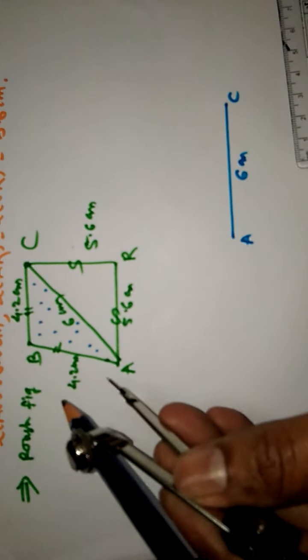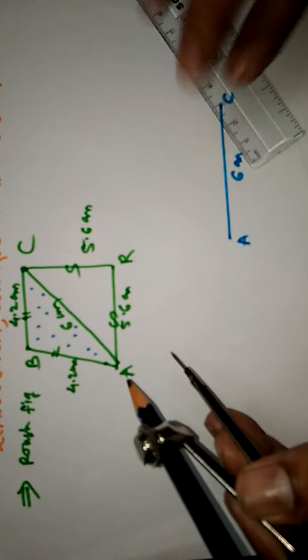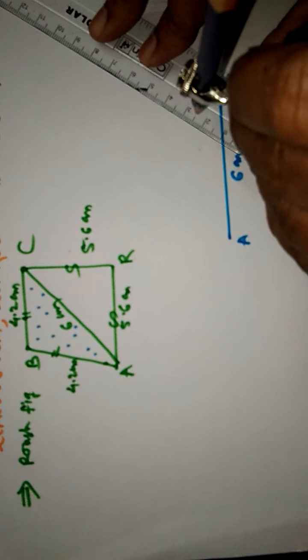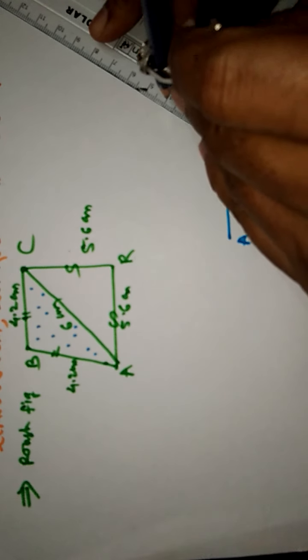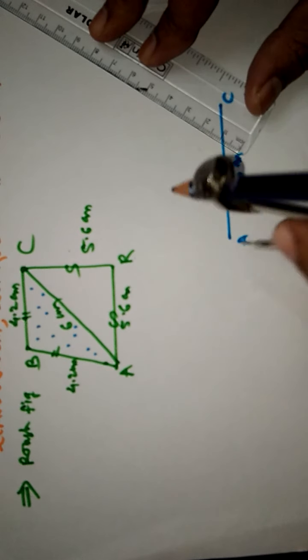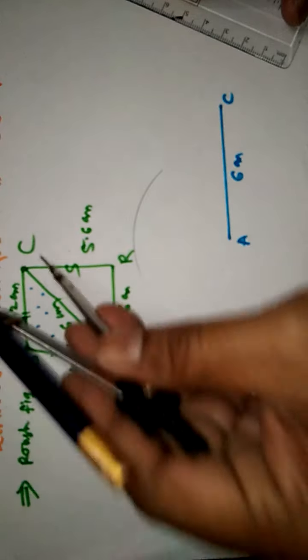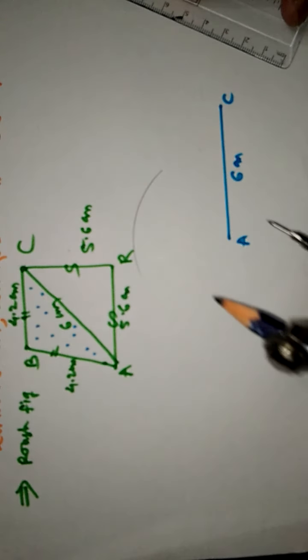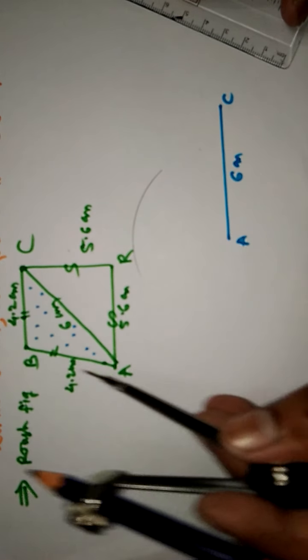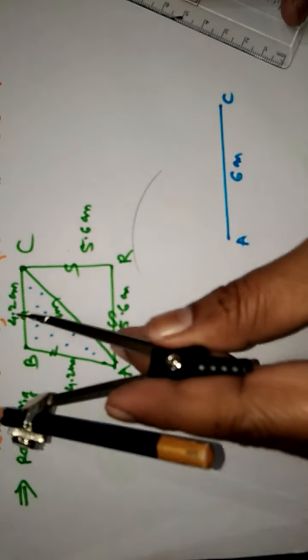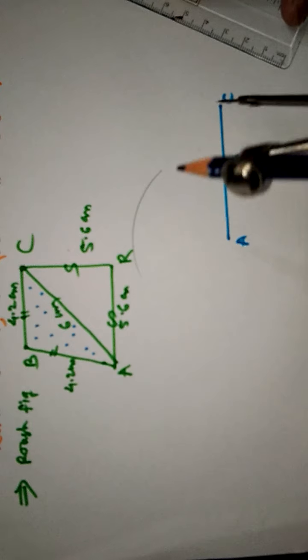Take a distance A to B of 4.2 cm in your compass and draw an arc from B to C. See here, from A to B is 4.2 cm, C to B is 4.2.